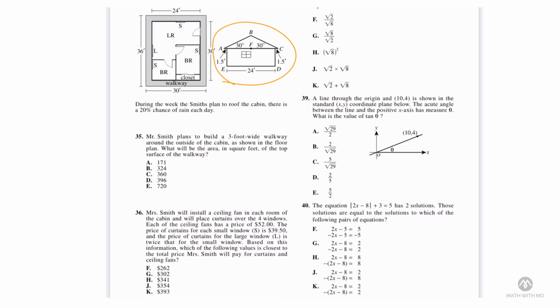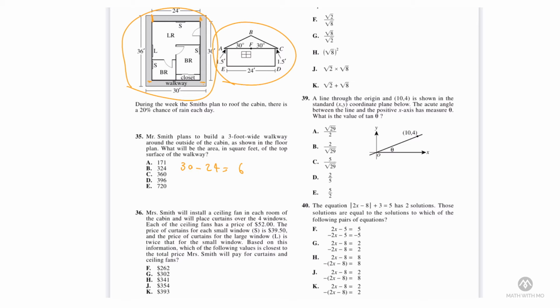And the top surface of the walkway. Oh, sorry, this one is this one, right? So the walkway. Alright. So we know that this here is 24 inches. So this and this basically is 30 minus 24, which equals 6.